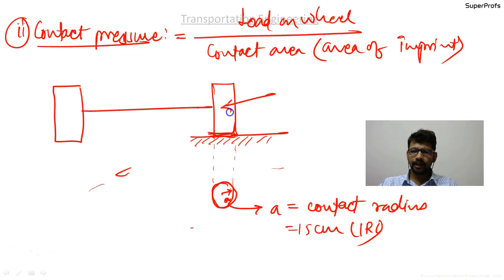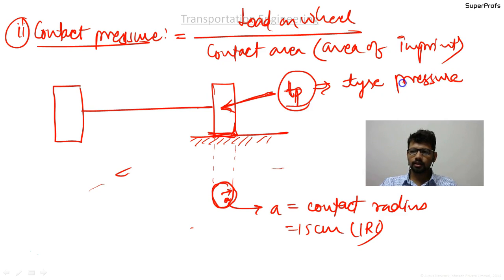And there will be some tire pressure inside this wheel, denoted by T suffix P, which is called the tire pressure. In reality, the contact area between road and the tire is elliptical, but for simplicity in design we take it as circular, and a value is taken to be 15 centimeter as per IRC.